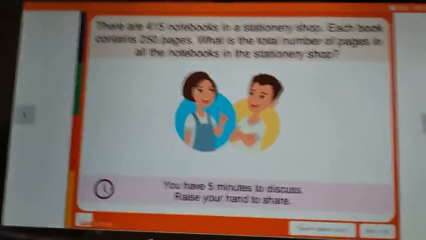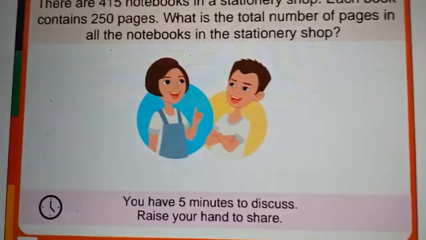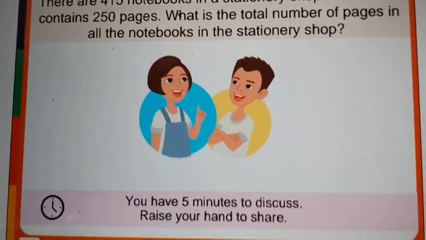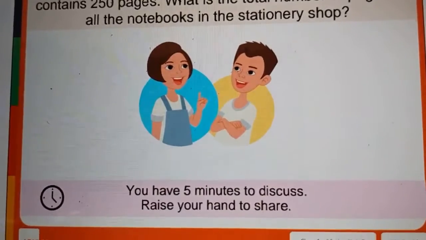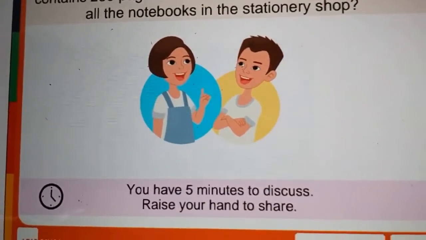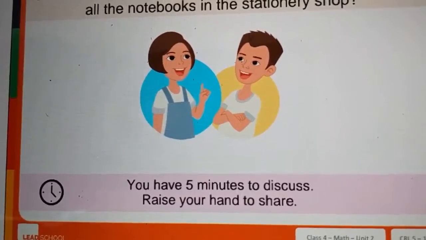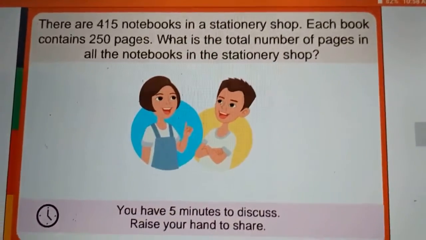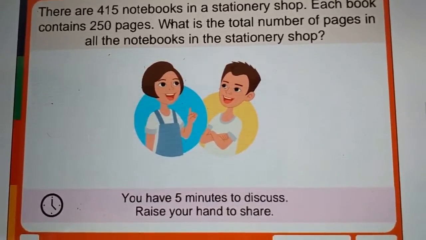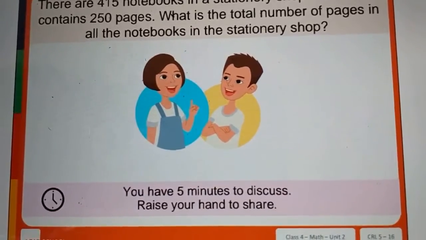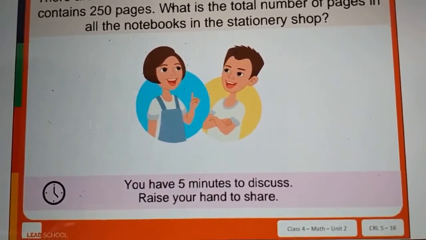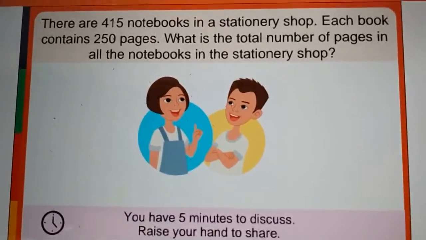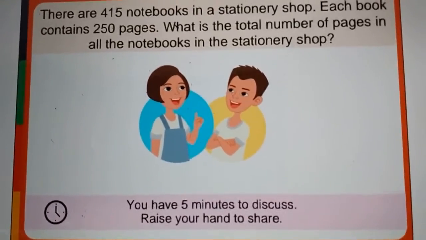After that we will solve it here. Okay students, I hope your work is complete. Now we'll check your answer.